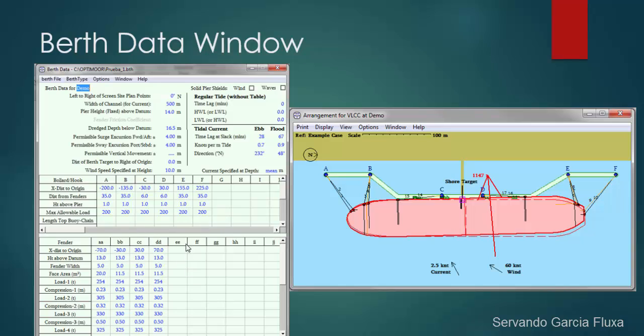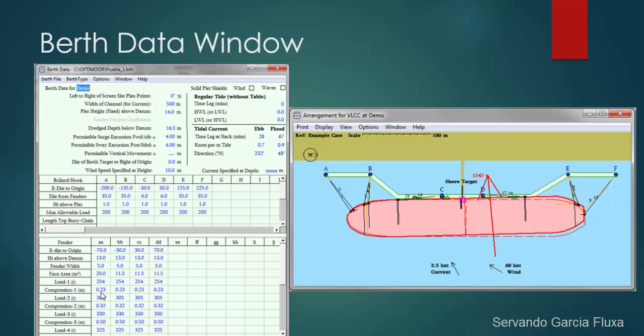Then you have to define the fenders. Again, the X position is relative to where you have defined your shore target. Then you have to define the height above datum. This is the height of the whole fender, and then the width defines the area too, and then the loading curve of the fender.